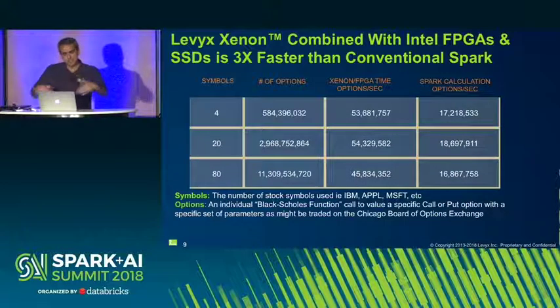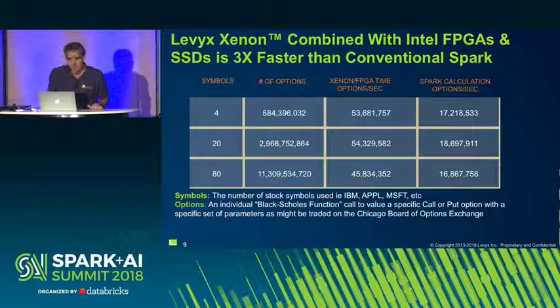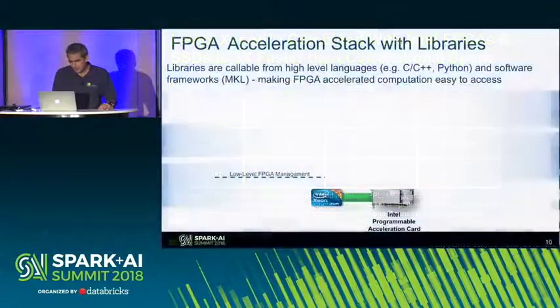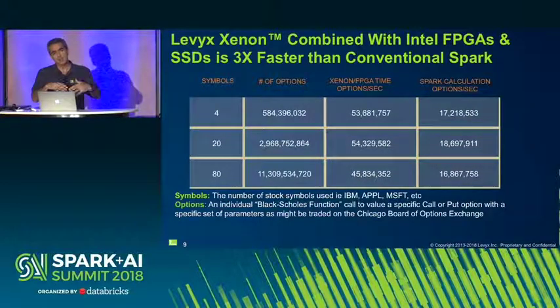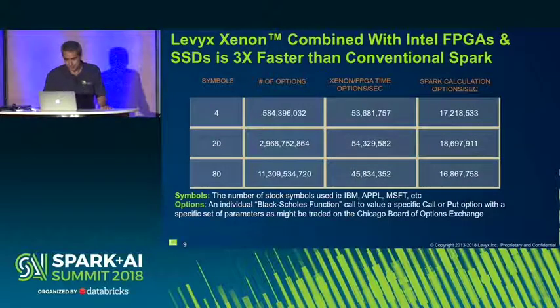So we have these super large tables, and when we run it, we can analyze about 53 million options per second versus 17 million if you just use Spark without this layer. Then Mutema from Intel is going to talk to you about the details of how the FinLib works and conclude the session.